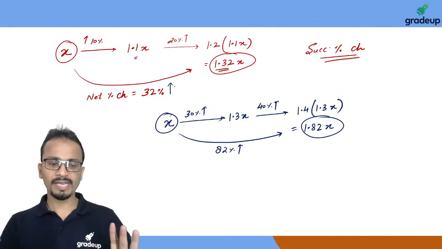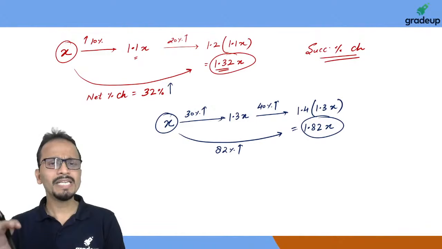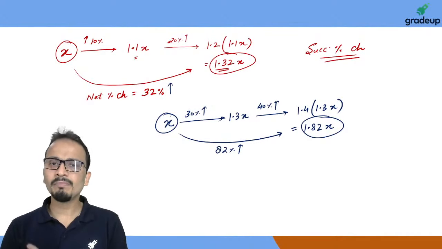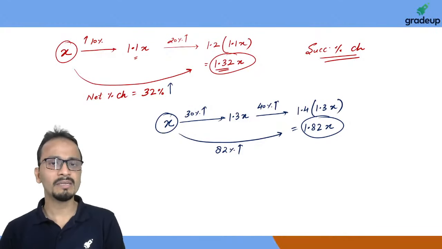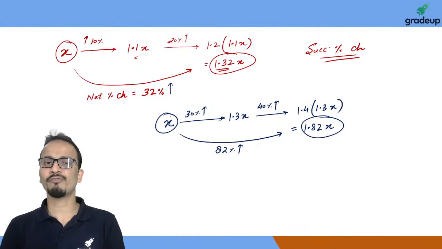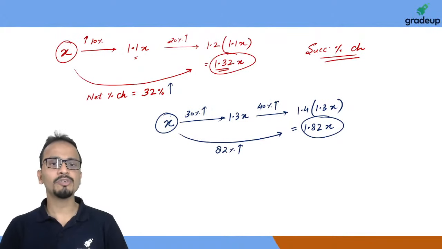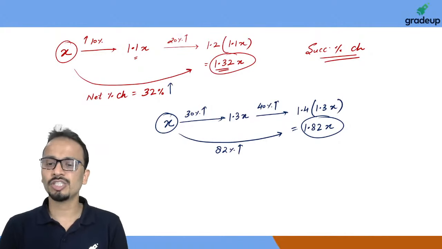Now friends, this complete process of successive percentage change can be simplified. The effort can be reduced by using a direct formula. Here our purpose is to find the net percentage change when there is a successive percentage change happening.